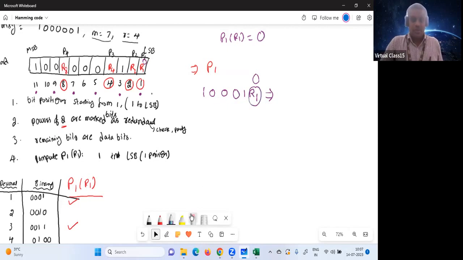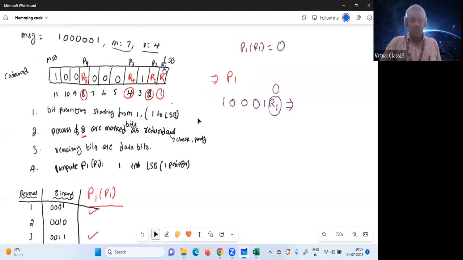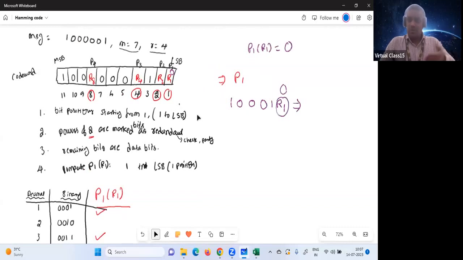I hope you understood, right? So far we have computed only R1, so now we have to focus on R2. Just have a look at the entire procedure so far regarding Hamming code. Any doubt so far?